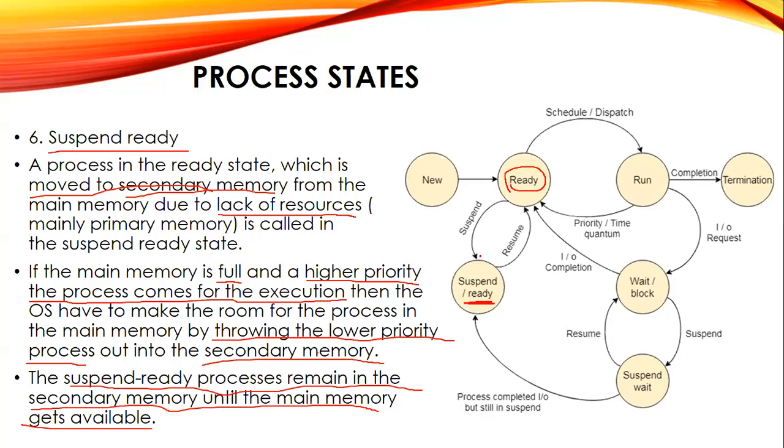Okay, and this is the suspend ready process. While a process is in ready state, if its priority is low and memory is full and a higher priority process has to come for execution, the operating system may just send lower priority processes to secondary memory to make some space for the higher priority processes.